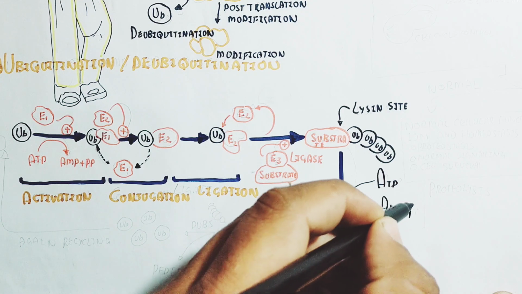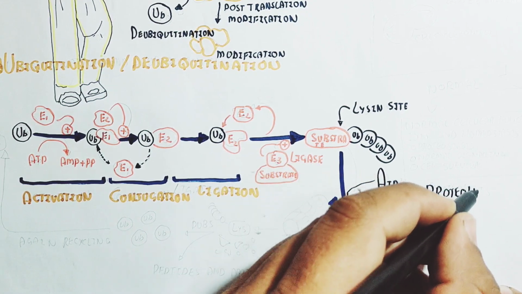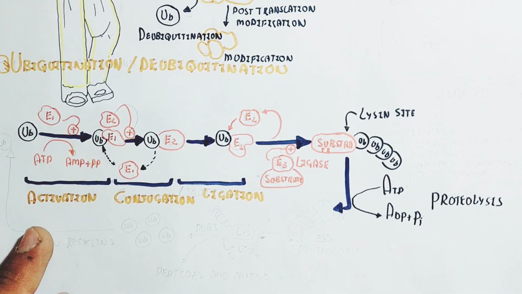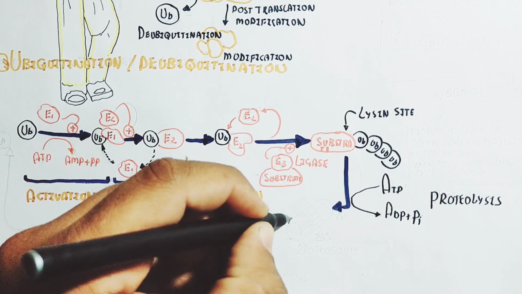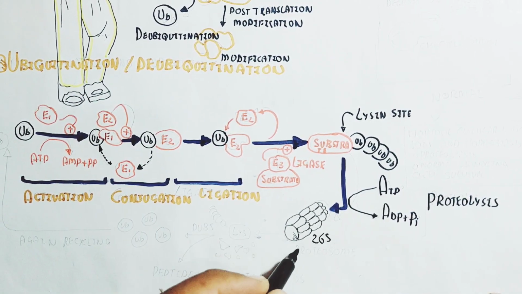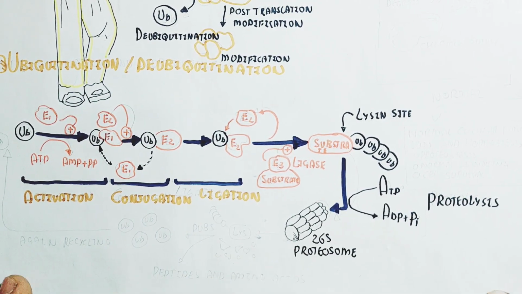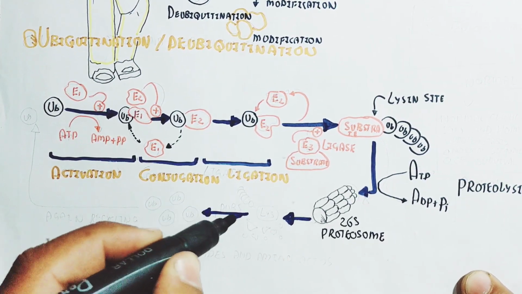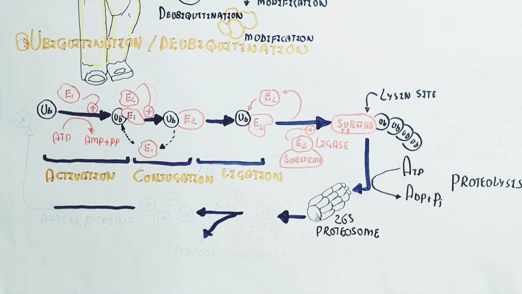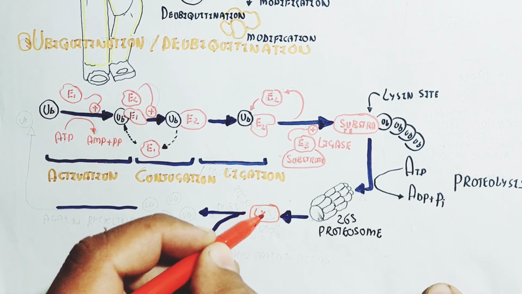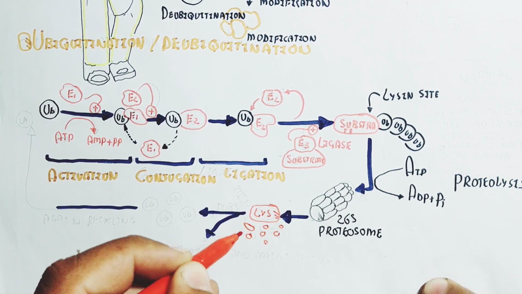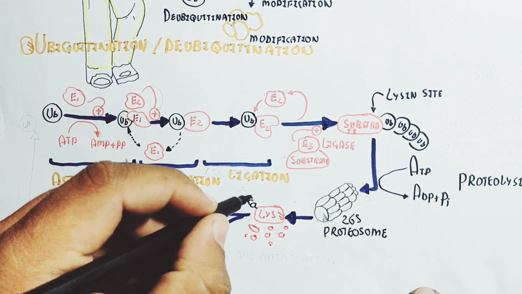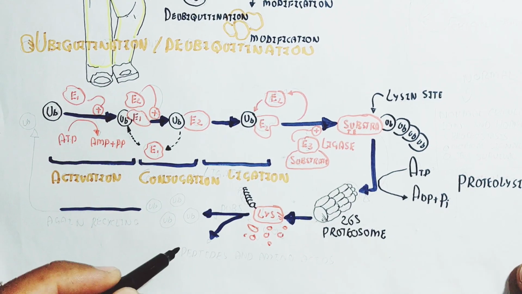The ATP is again used for the proteasome formation. The 26S subunit containing proteasome. This is the 26S subunit containing proteasome. The substrate combines with the proteasome, and in this way the lysine site will be separated, and the peptides and amino acids will be separated.